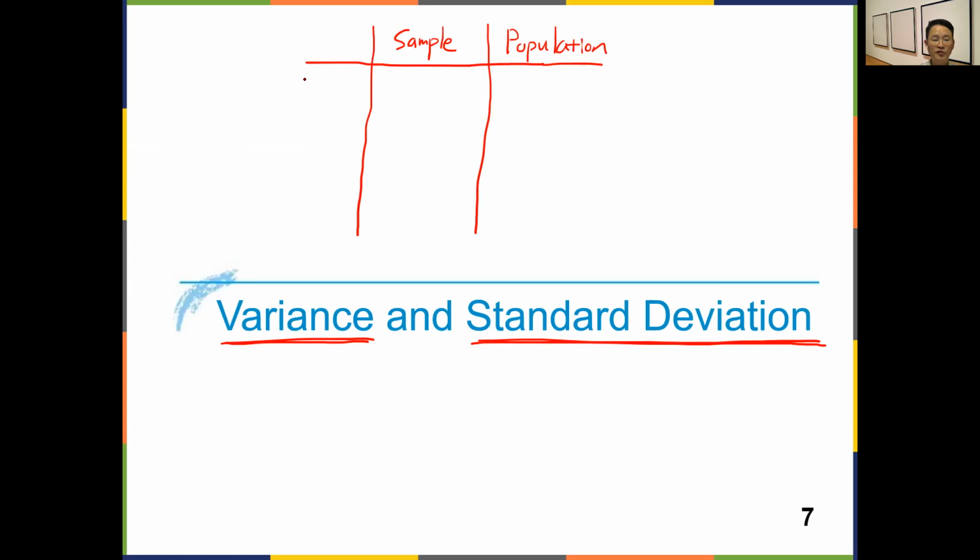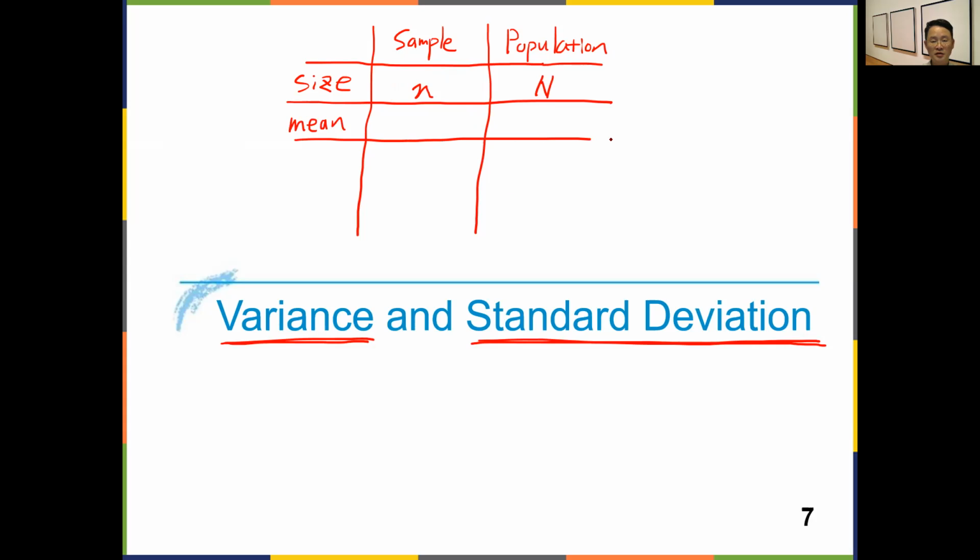The first thing is size. We discussed this in the previous chapter when we were dealing with the sigma symbol. For sample size, what symbol do we use? We use lowercase n, right? For population size, we use uppercase N, right? And we also had the mean, the average. We had different symbols for sample mean and population mean.